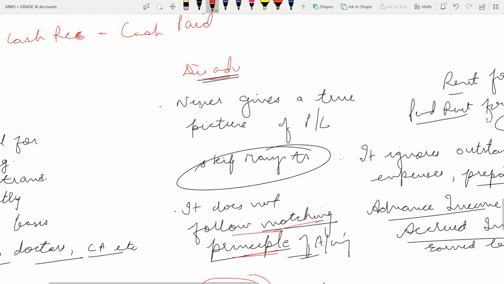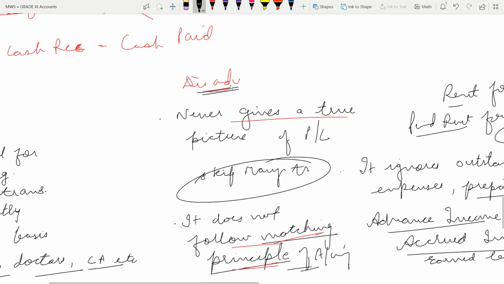As I have told you in the very first point, it never gives a true picture of profit and loss.